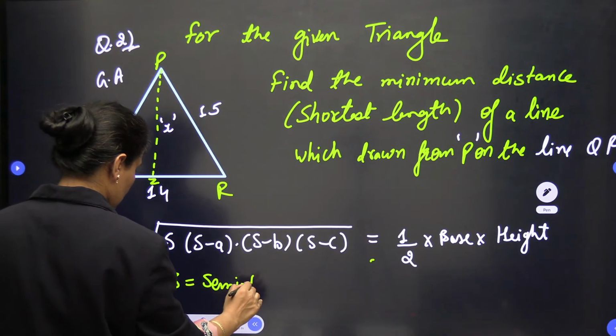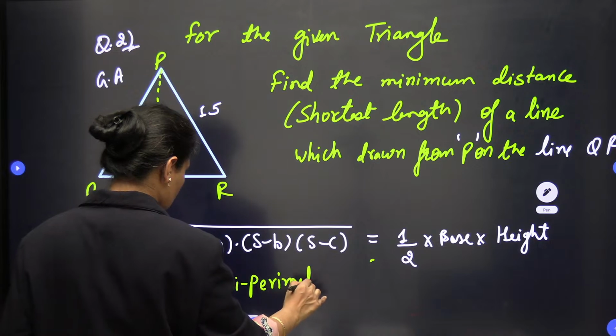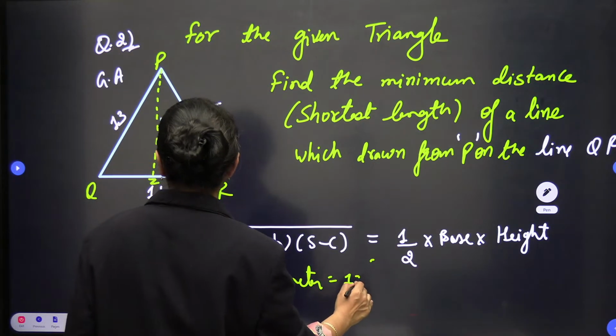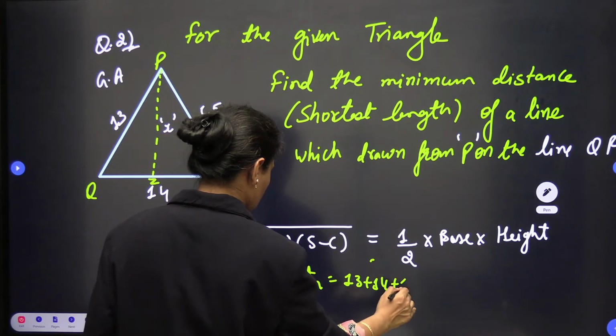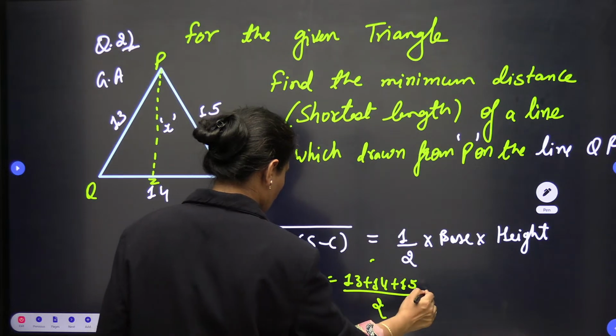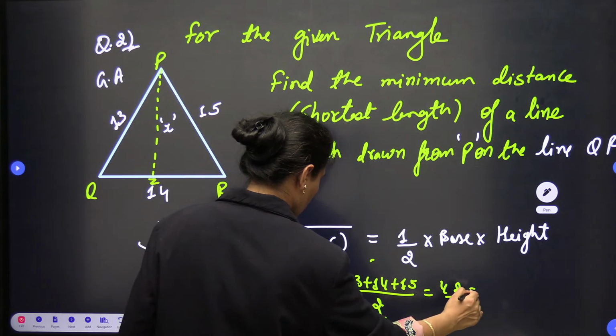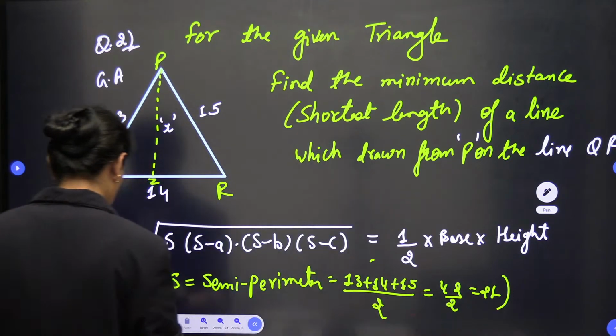Semi perimeter means just add up all these sides, 13 plus 14 plus 15, divided by 2. This is 42 by 2, so 21 is the S, the semi perimeter.